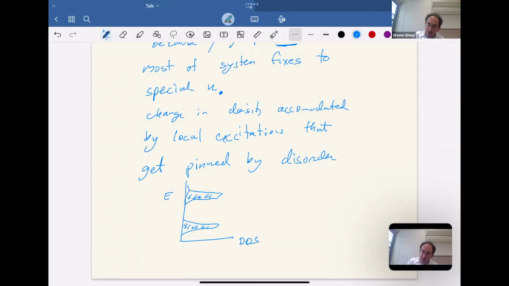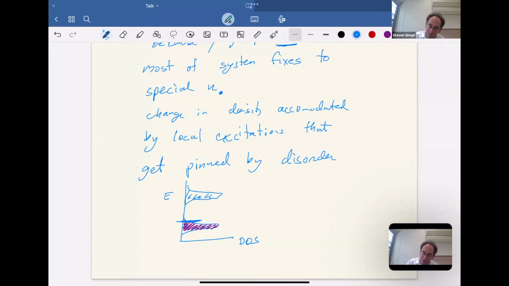If I put the density sitting right here, and fill up all these states here, you might say, well, I haven't completely filled up the Landau band because I have a couple holes sitting up here.